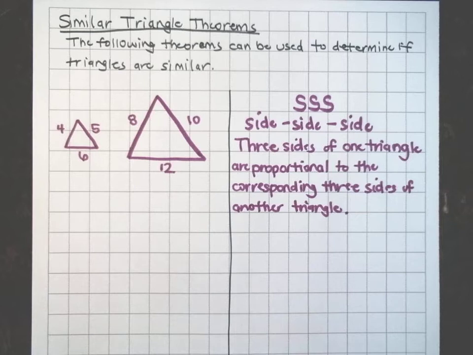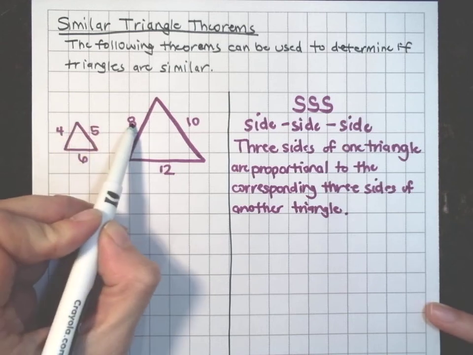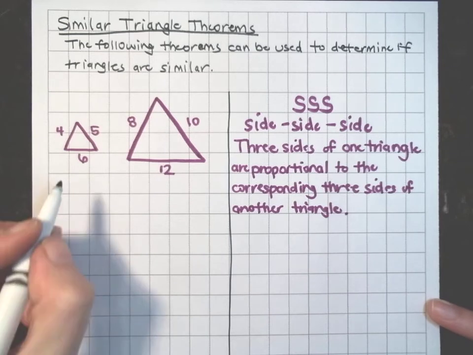It proves that they are similar. So 4 over 8 is proportional to 5 over 10, which is proportional to 6 over 12.